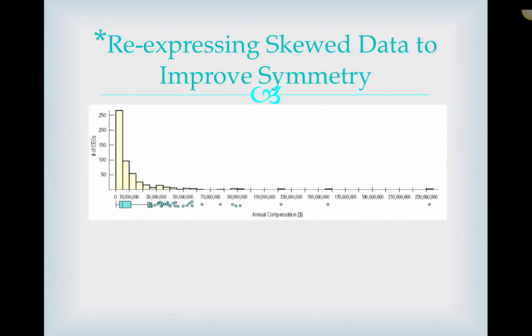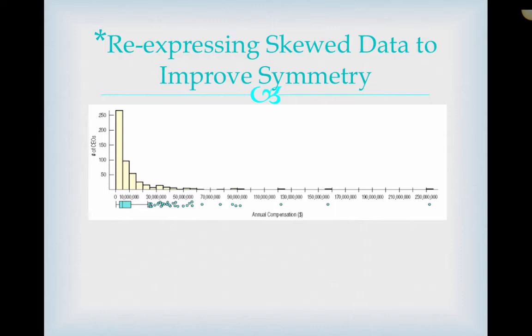Moving on to re-expressing data. We're going to talk more about re-expressing data in Unit 2, but for now it's important to know that there are times when it is important to re-express data. Those situations are when we have extremely skewed data, as we do here.